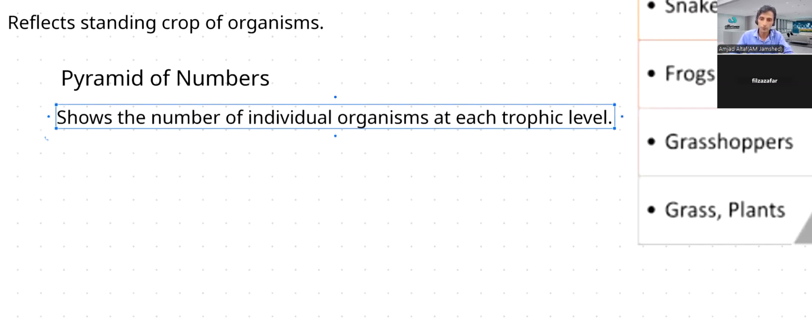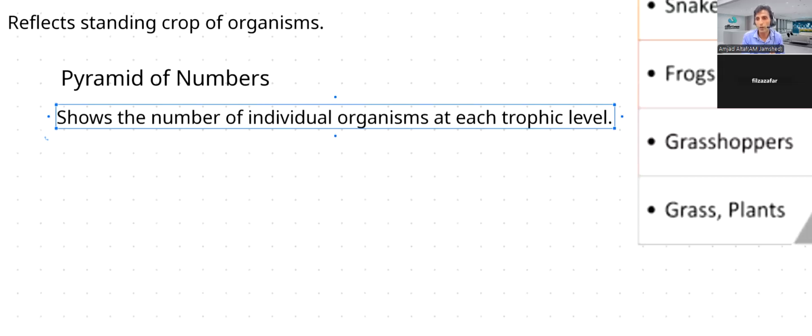Then what we should understand is whether the pyramid is always upright or it can be inverted. The answer is that the pyramid of number depends. It varies. Sometimes it is upright, sometimes it is inverted.